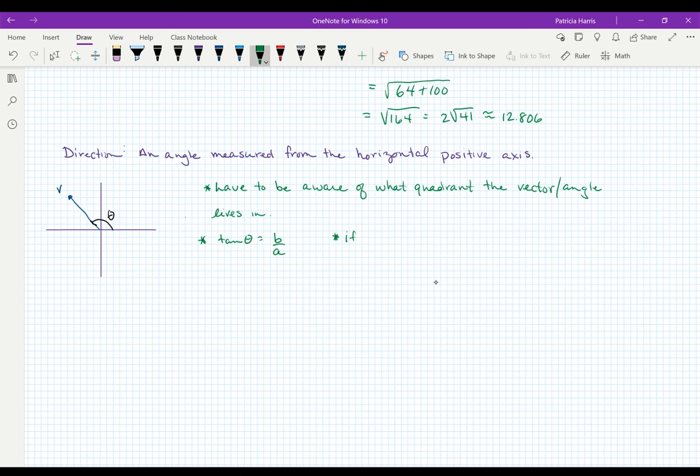Depending on what quadrant you're in: if you're in quadrant 1, everything is fine, you don't have to do anything. This is if you're using your calculator. If you're in quadrant 2, the calculator is going to give you a negative angle, so you're going to have to add 180.